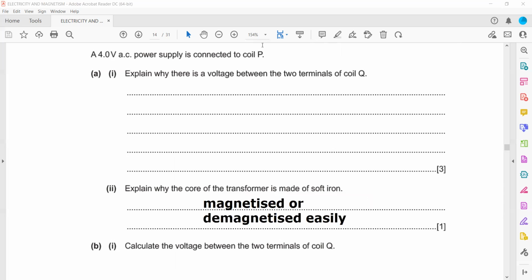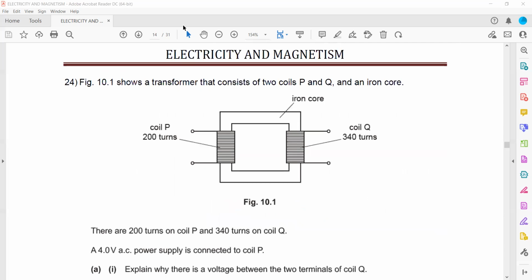Calculate the voltage between the two terminals of coil Q. So how can we calculate? The number of turns of primary is NP, the number of turns of secondary is NS, the voltage of the primary VP is 4, and VS we need. The formula: VS over VP equals NS over NP.